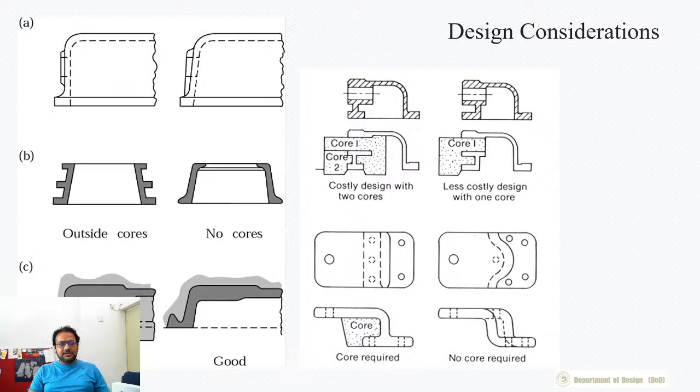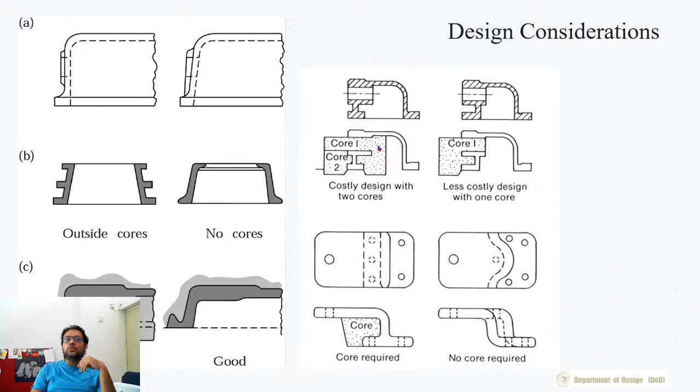Manufacturers really dislike the use of cores because it creates challenges, so it is better to avoid cores as much as possible. However, if it is absolutely essential for a design, then you can have cores, but even then you need to consider these facts.